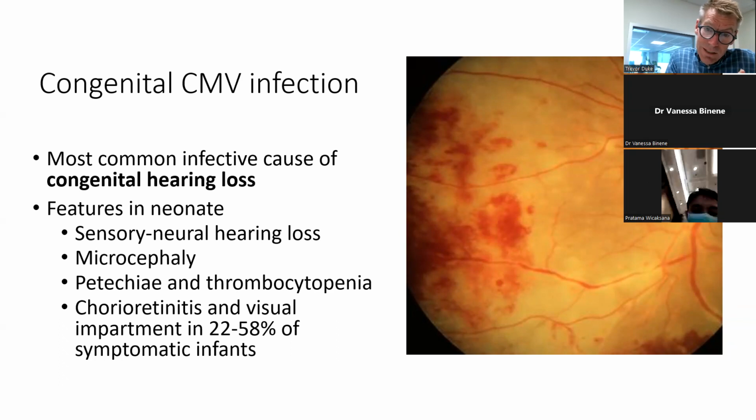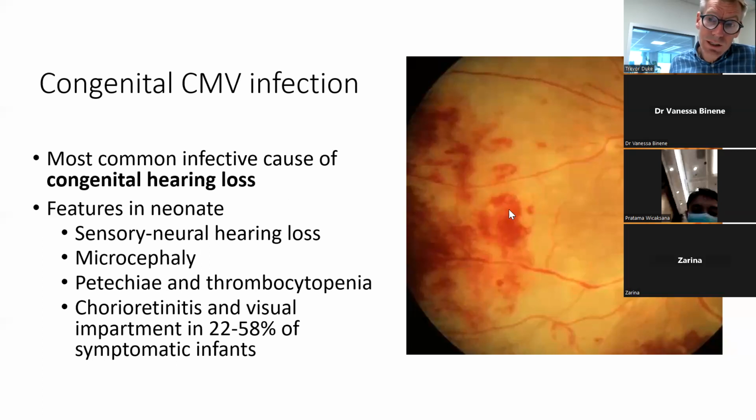And then there's some other conditions, and this shows the ocular manifestations of a baby I looked after who had cytomegalovirus. And you can see that this is a retinoscopy, and you can see that there is extensive retinal hemorrhages. And so these babies often have what's called chorioretinitis, which is inflammation and hemorrhage into the retina, and they may well be blind as well as having hearing loss as well.